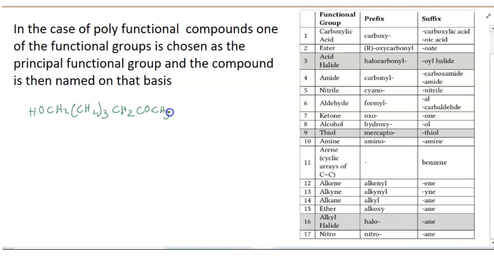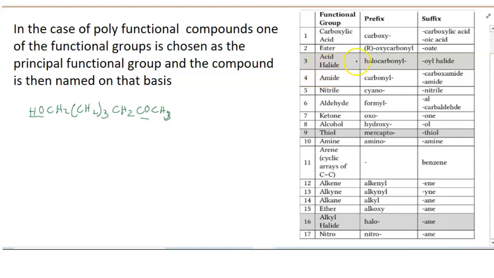This is a compound. Here is a polyfunctional compound. One group is the OH group, another is the CO group, and therefore the name differs. So I have to give a priority.